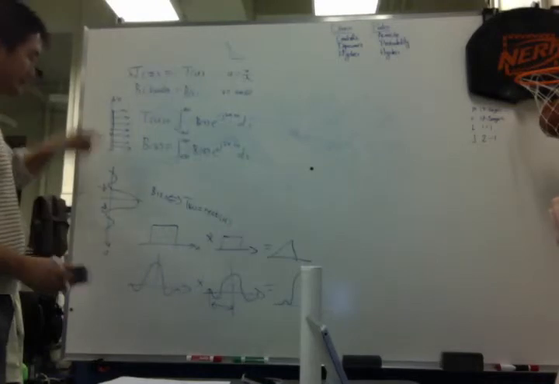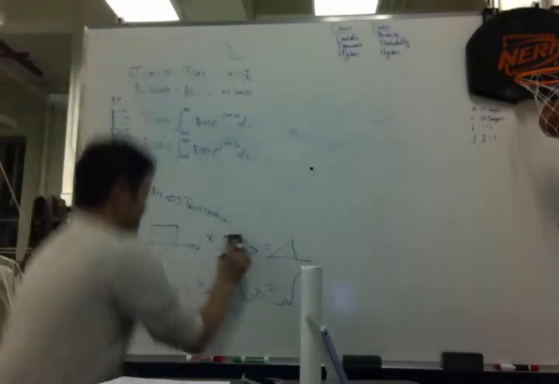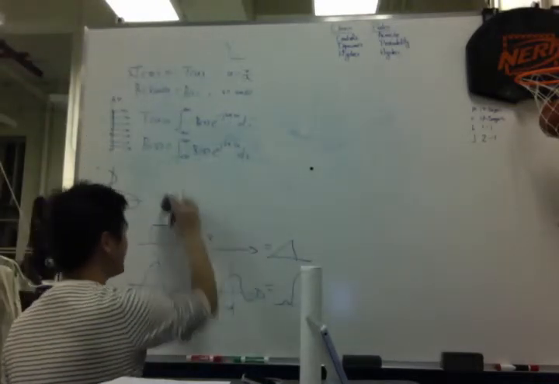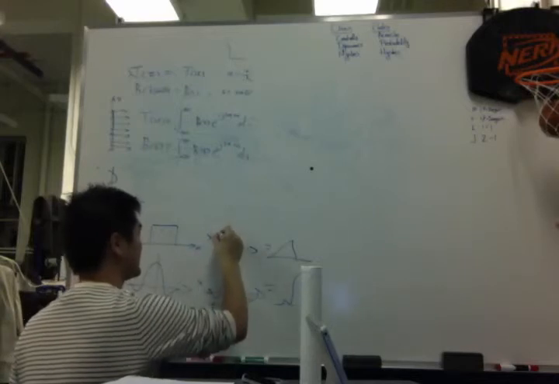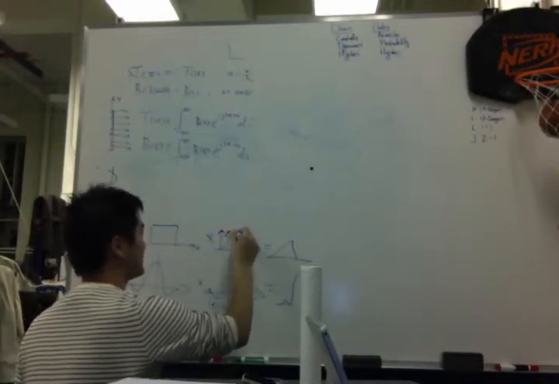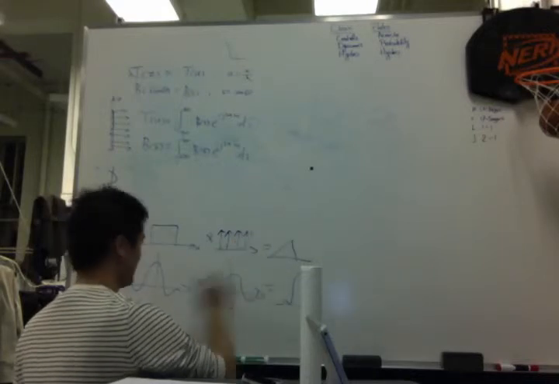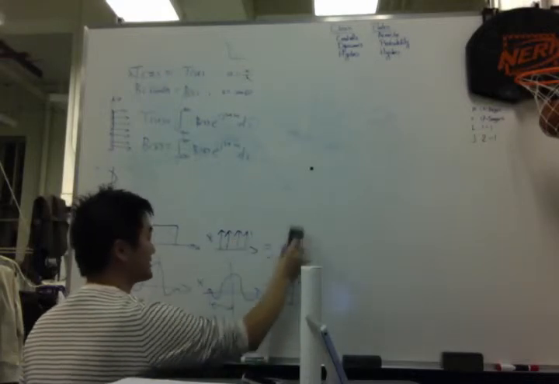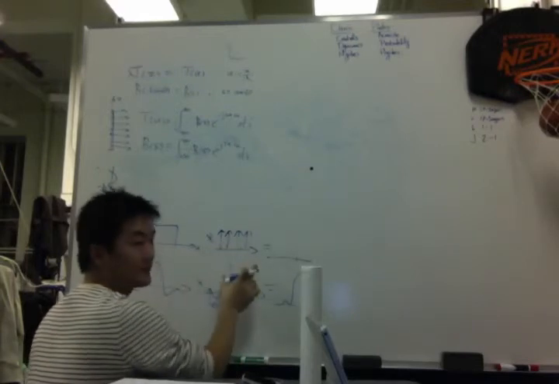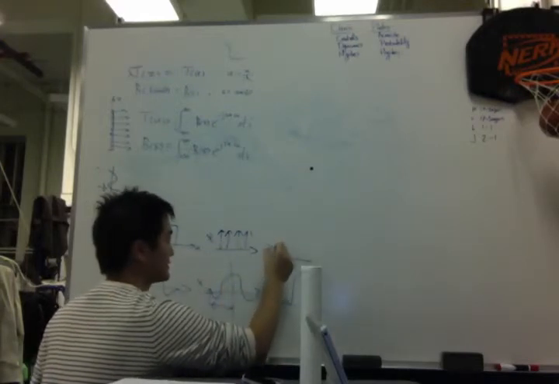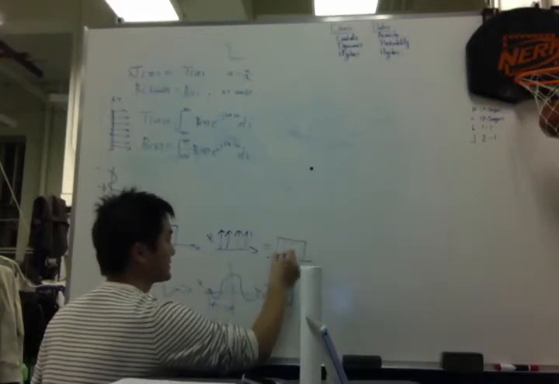If we look at this, what it does is you're convolving the rectangular with discrete delta functions. That gives you a cropped version of the delta functions, so it's basically delta functions within this range.